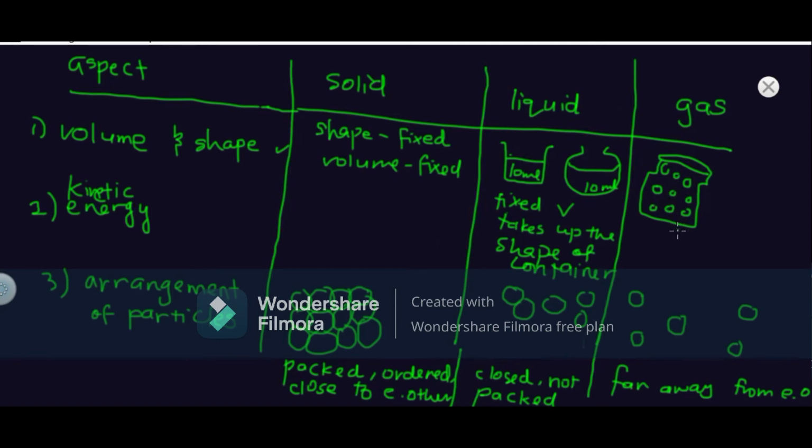If this container is 20 ml volume, and then we transfer all of the gas into a bottle of 100 ml, because gas particles are so free to move, they will occupy all of the space of the bottle. So, does the volume change now?